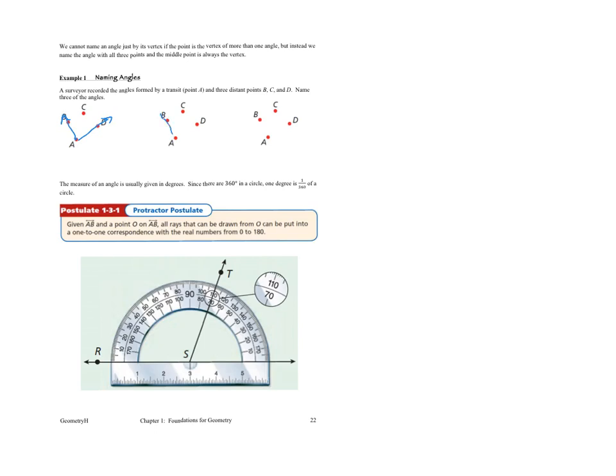Same thing here, another option would be angle BAC, angle CAB, or angle A. And then our third option could be, each time A is the vertex, right? So it's angle A again, or it's angle CAD or angle DAC.